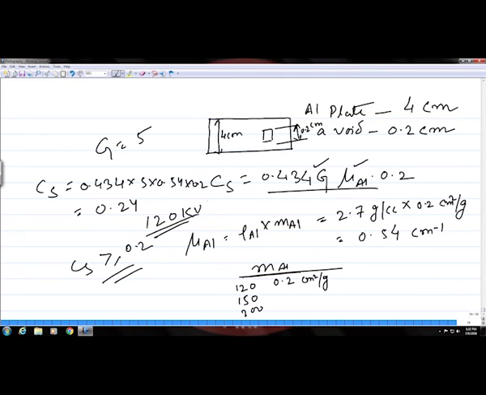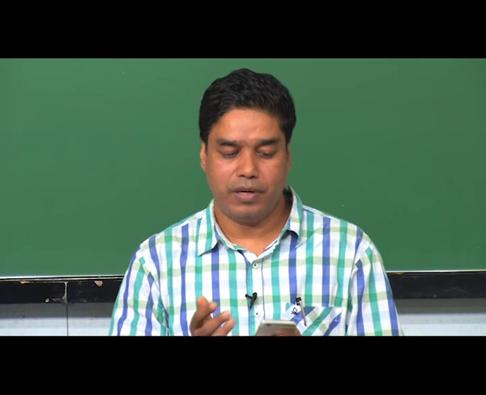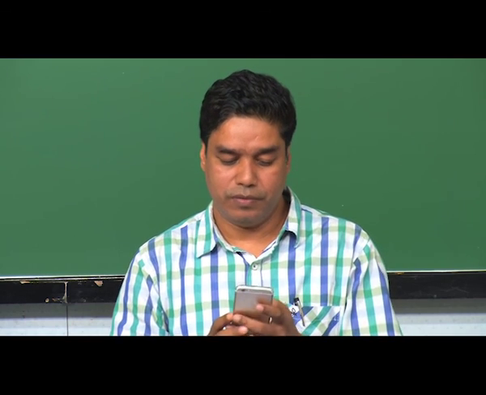Okay. So, for a voltage of 120 kV, if you expose this sample, this blowhole that you have will be clearly visible because the contrast is greater than 0.2. Okay.